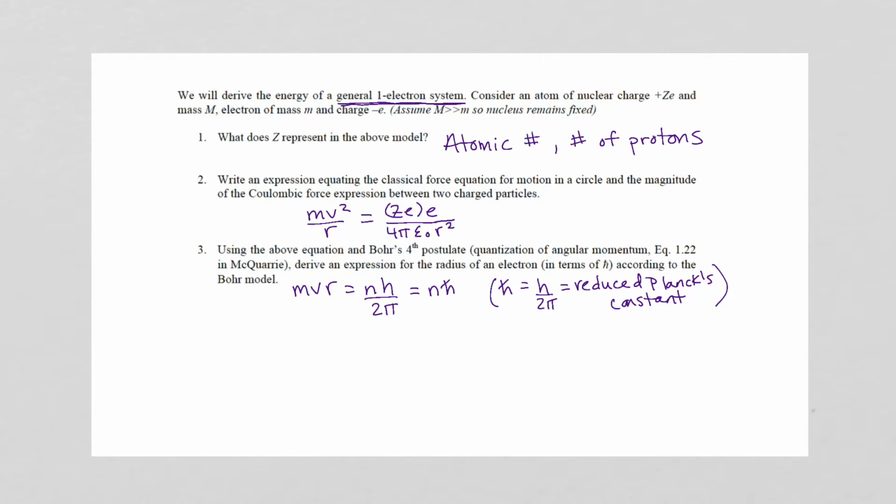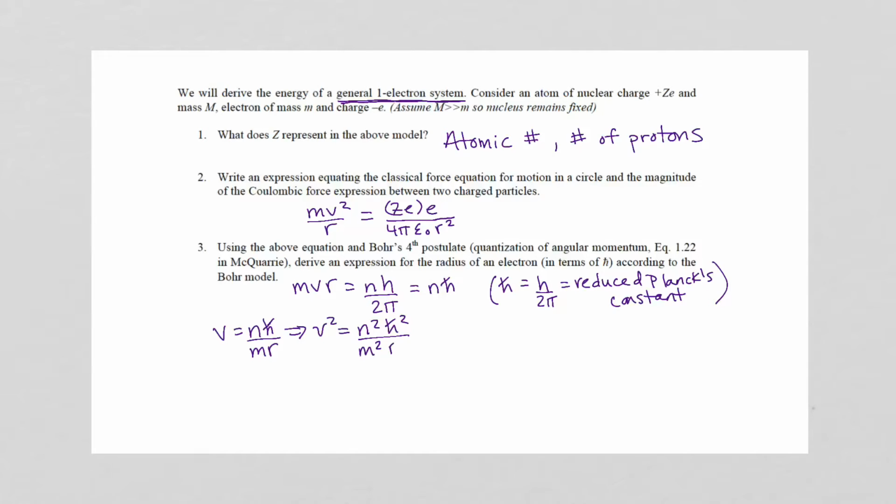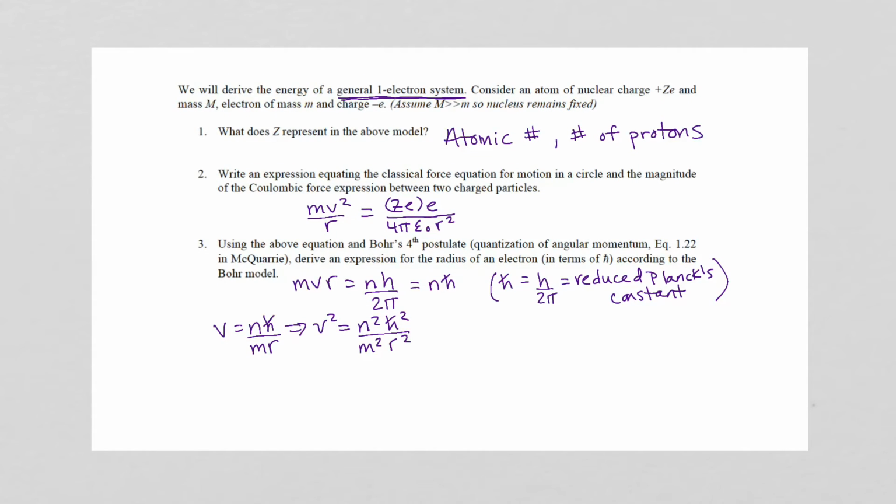Okay, so let's take this equation and solve for v first, and then we can square it. So v equals n h bar over m r, which gives us v squared of n squared h bar squared over m squared r squared. Okay, and then we will just plug that further into our equation from up above, equation 2.